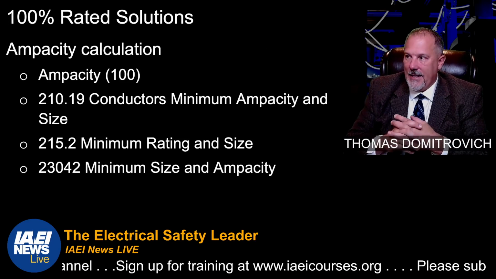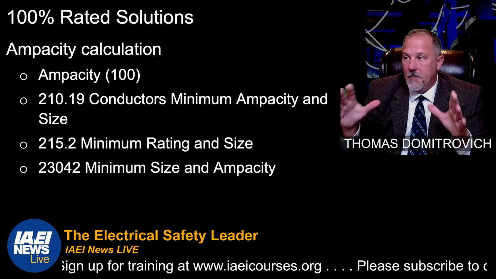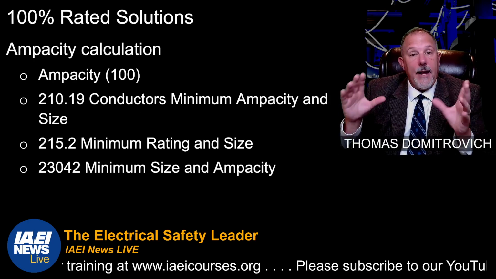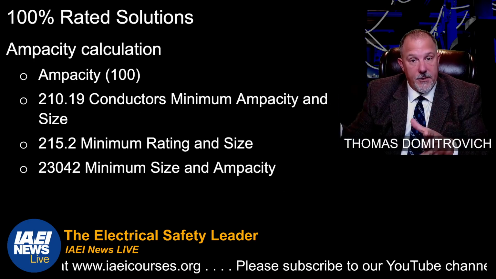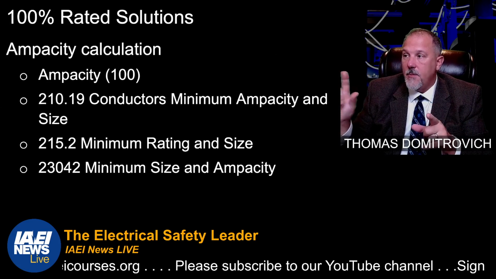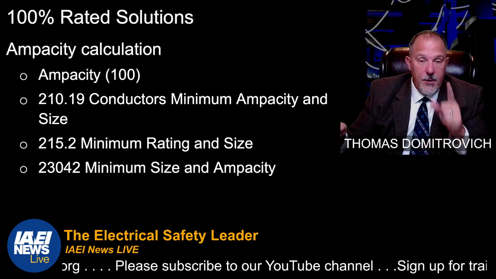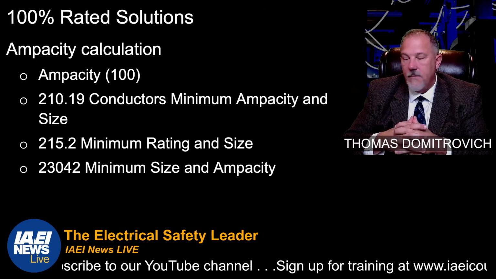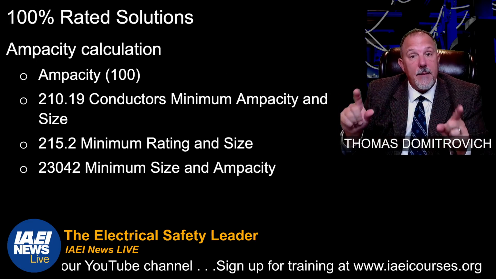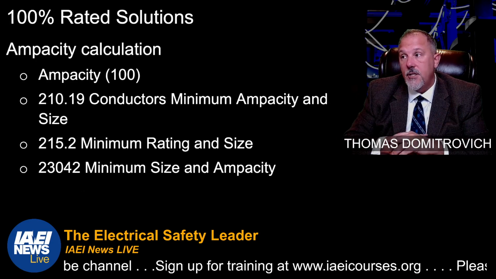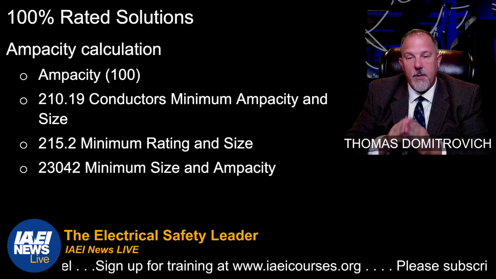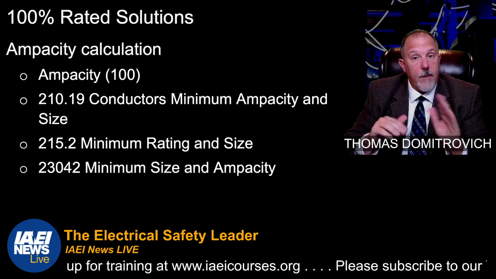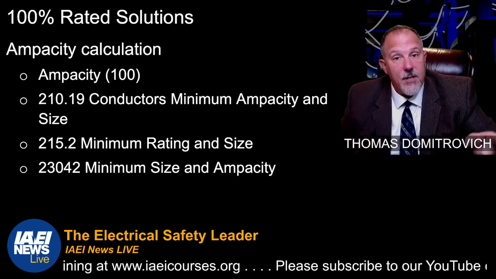So ampacity is a maximum current in amps, and ampacity relates to conductors. It's the maximum current that a conductor can carry continuously under the conditions of use without exceeding its temperature rating. So ampacity is based upon conditions of use. It's not a rating. We already went through that last code cycle.